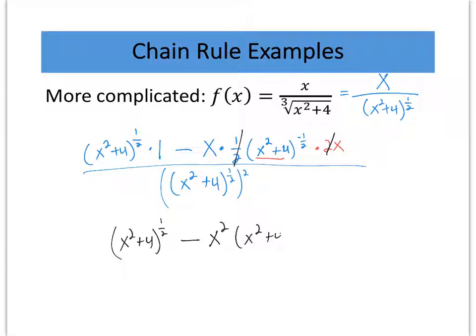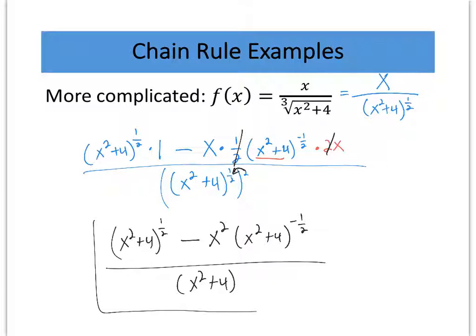X squared plus 4 to the -1/2, all over, using my exponent rules, power to a power just multiplies, so I'm left with x squared plus 4 to the power of 1, because 2 times a half is 1.